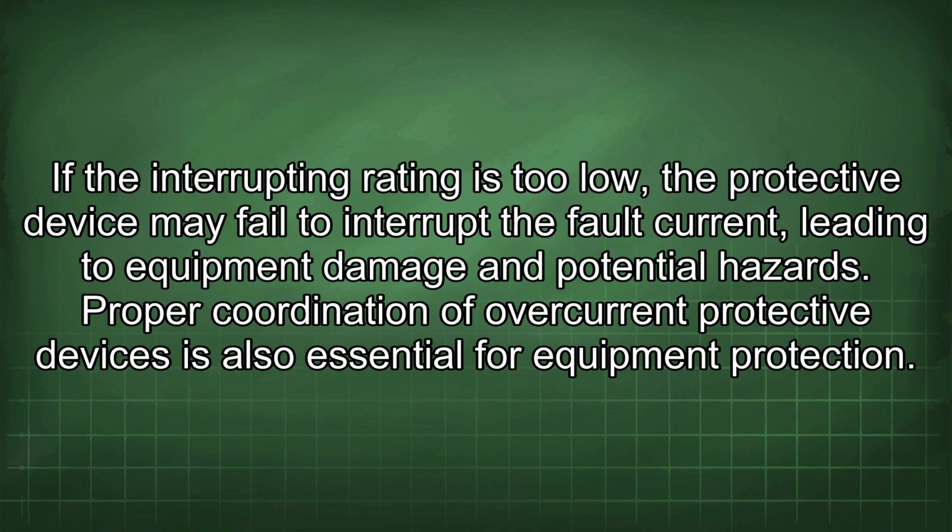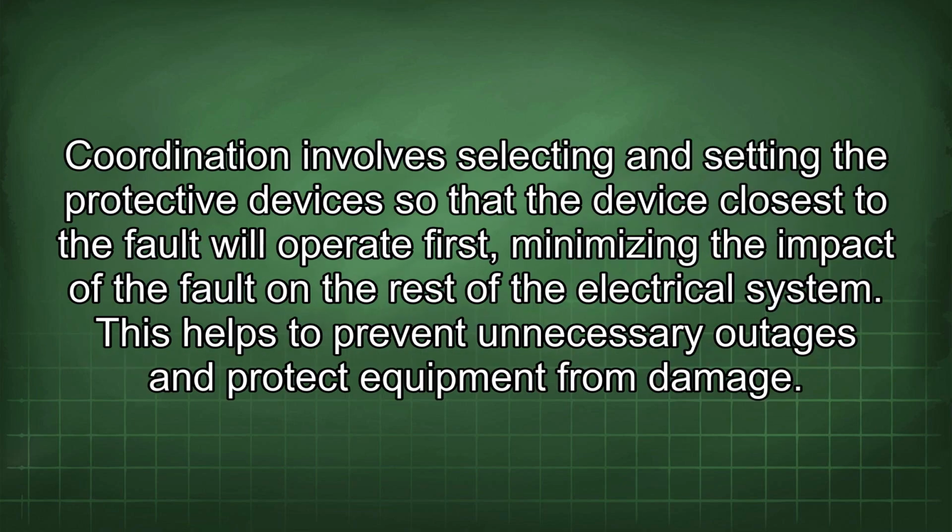Proper coordination of overcurrent protective devices is also essential for equipment protection. Coordination involves selecting and setting the protective devices so that the device closest to the fault will operate first, minimizing the impact of the fault on the rest of the electrical system. This helps to prevent unnecessary outages and protect equipment from damage.